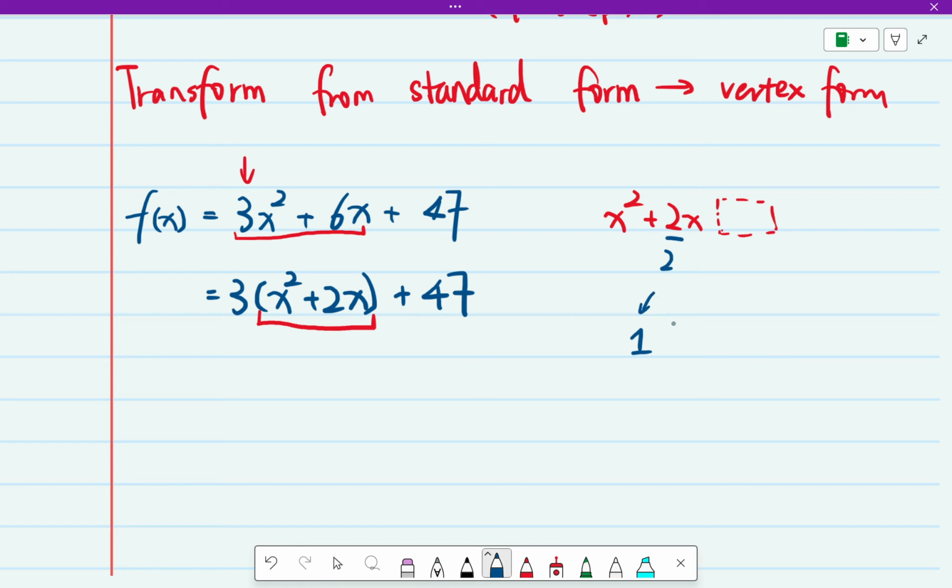And then we square this number, and we get the constant that we are looking for. So we are looking for a positive 1 right here, and this will give us (x plus 1) squared. So the coefficient of the x term, divide by 2, square it, gives us the constant.